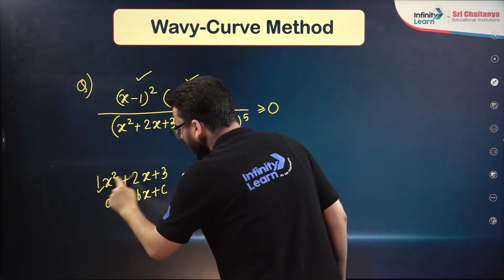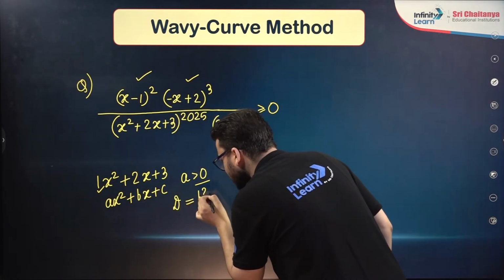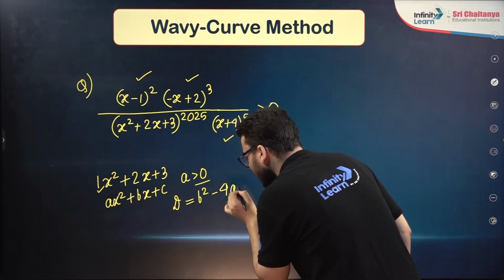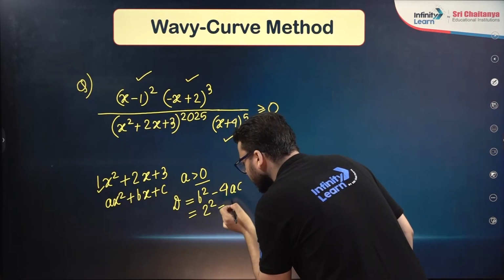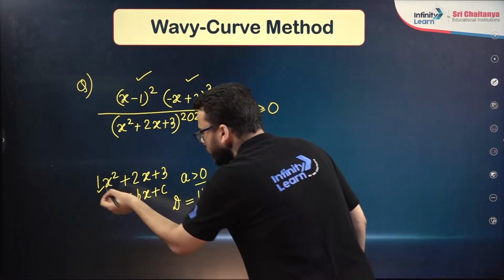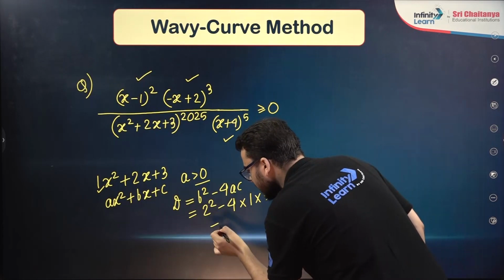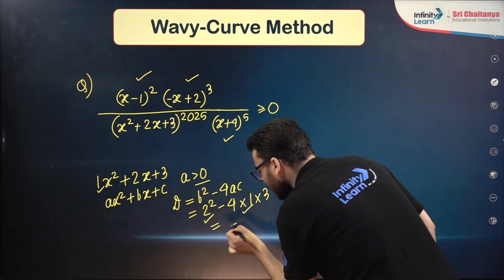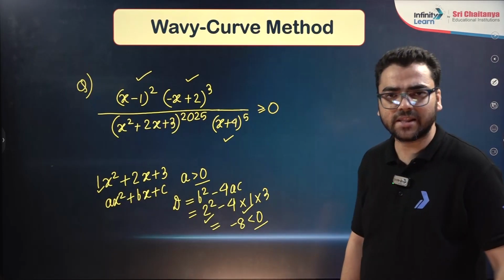And if you want to find the discriminant, it is b square minus 4ac, so 2 square minus 4 times 1 times 3, which is 4 minus 12, minus 8, less than 0. So the discriminant over here is negative.